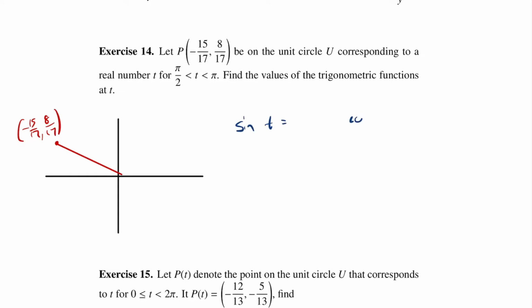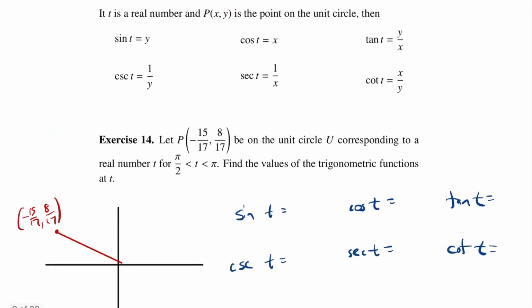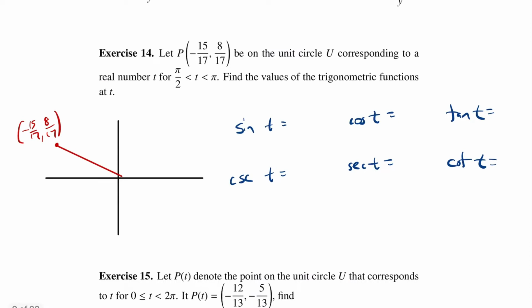So sine of t, cosine of t, tangent of t, and the reciprocals, cosecant, secant, and cotangent. So by definition, whenever you have a point on the unit circle, then these are the values. So sine is the y coordinate, which is 8 over 17. Cosine is the x coordinate, negative 15 over 17. Tangent is the quotient of y over x.